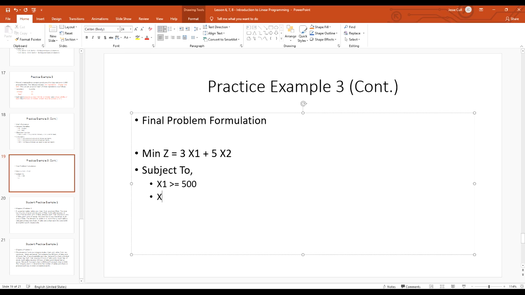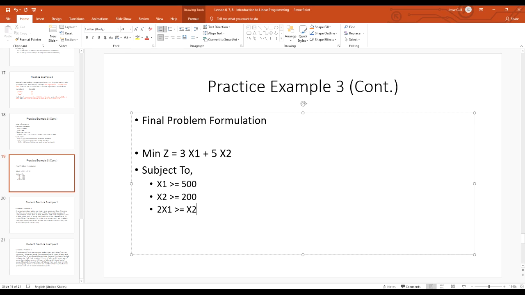Constraint number 2, x2 must be greater than or equal to 200. And constraint number 3, 2x1 must be greater than or equal to x2.